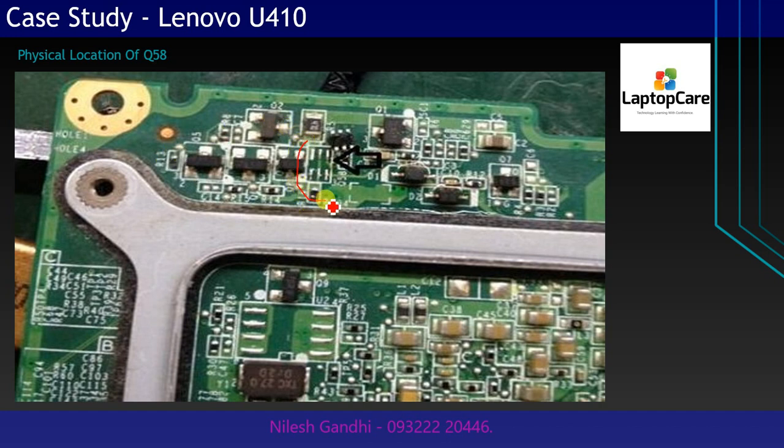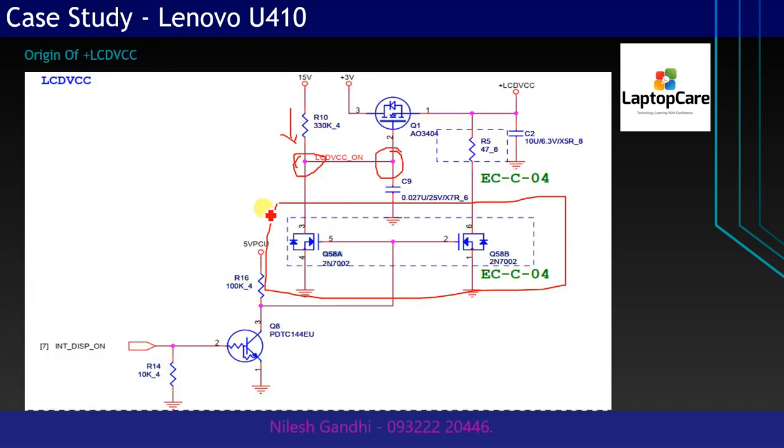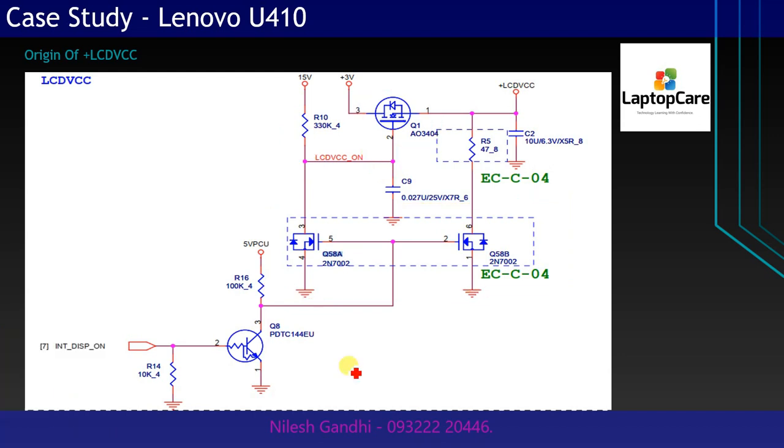This is the physical location of Q58A, and this is the MOSFET Q58 which we removed from the board, and we replaced this MOSFET with a good one. Since this is a dual N channel 6-pin MOSFET, we got our required output on the gate of Q1, and now the display is proper.